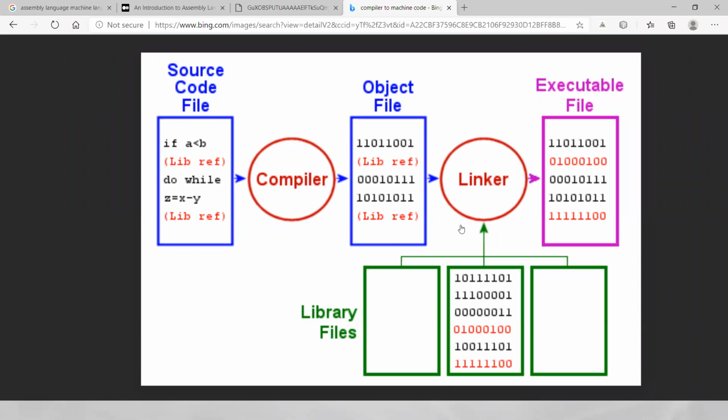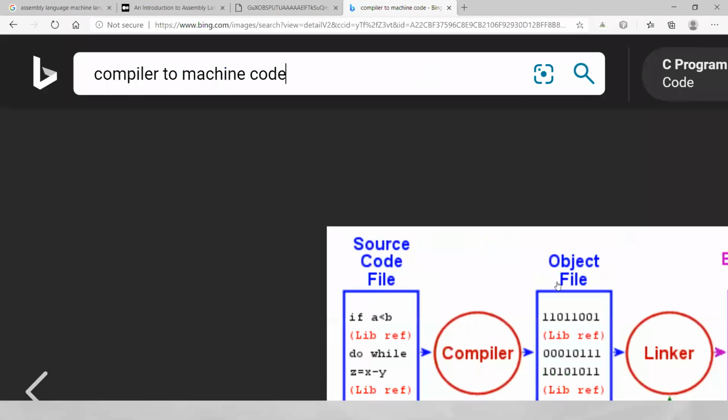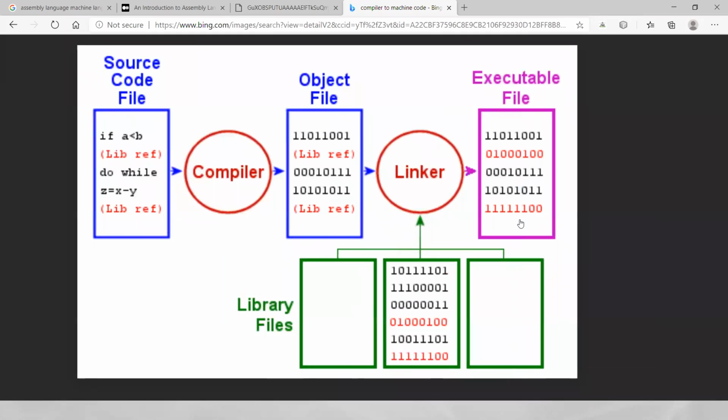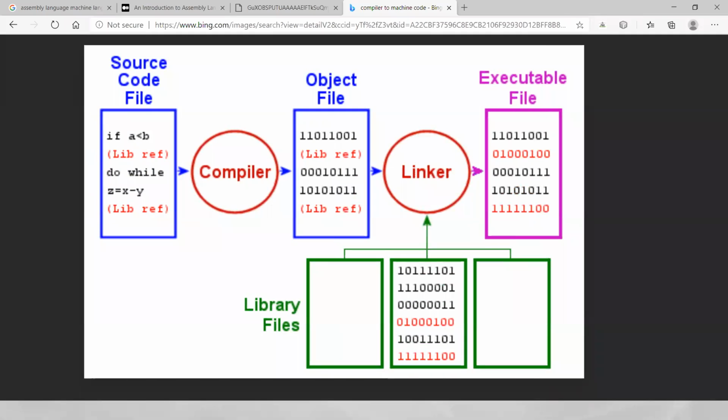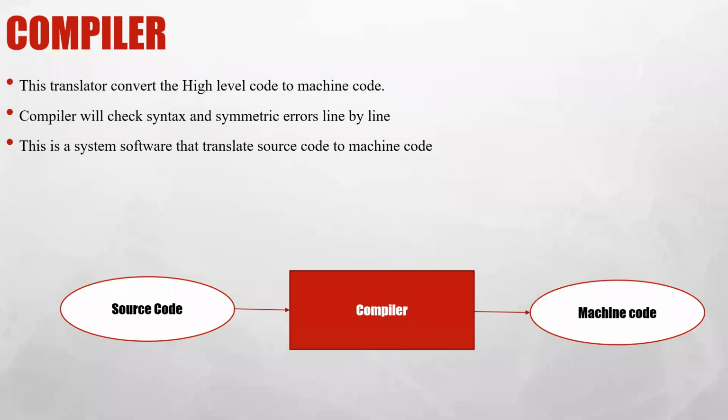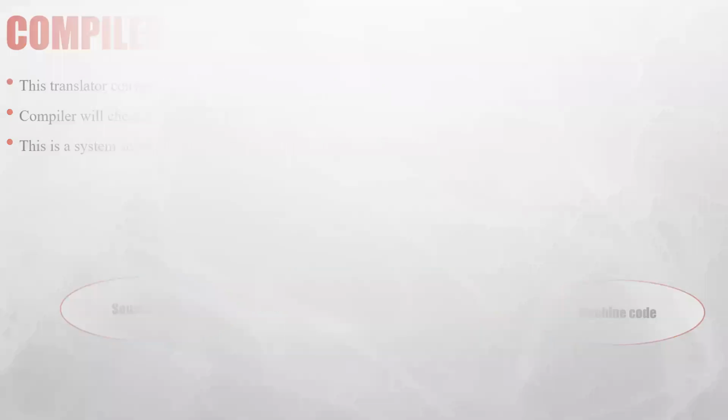The linkers load these library files and then give you the executable code. This is how a compiler runs. A compiler is a system software which converts your high-level language into machine-dependent code.